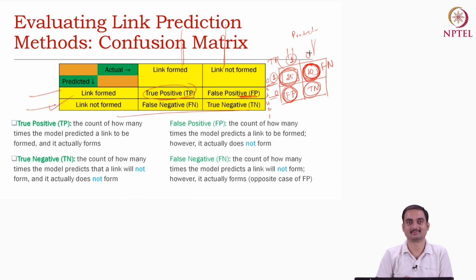Therefore, this mismatch. But if you understand the nomenclature, positive and negative are with respect to your prediction, and you judge whether it's correct or not based on the ground truth, and then you decide whether it's a true prediction or false prediction. Okay. So you have these 4 quantities now.